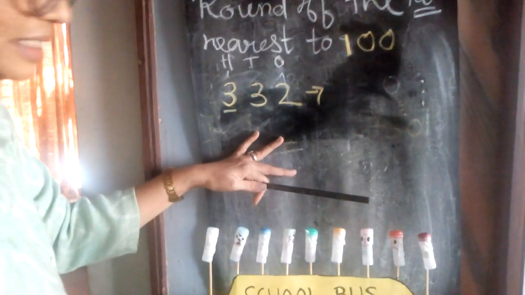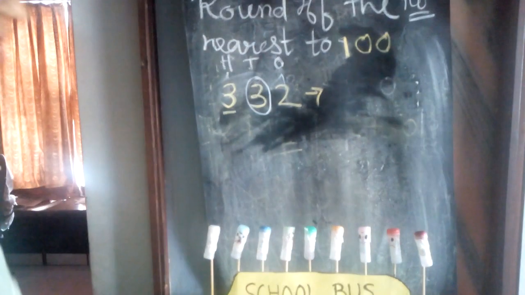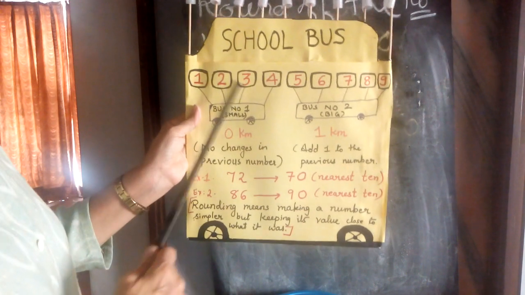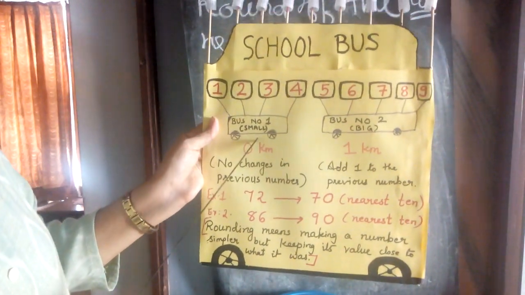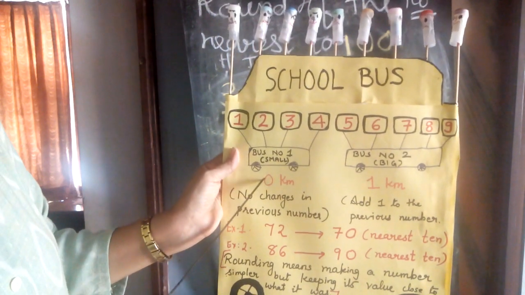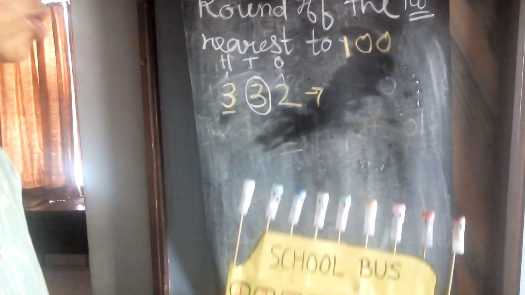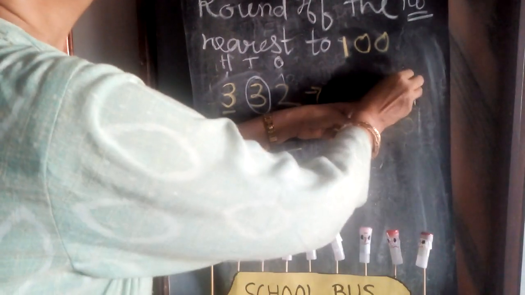So now in tens place, which number is there? 3. 3 means which standard, children? Third standard. Third standard is in a small bus, so smaller number. So smaller number, that means what you will put here? 0.